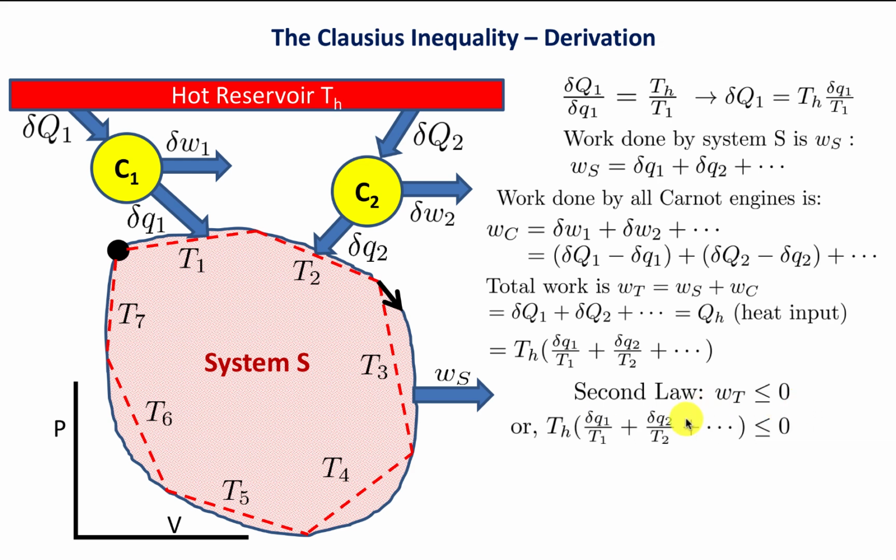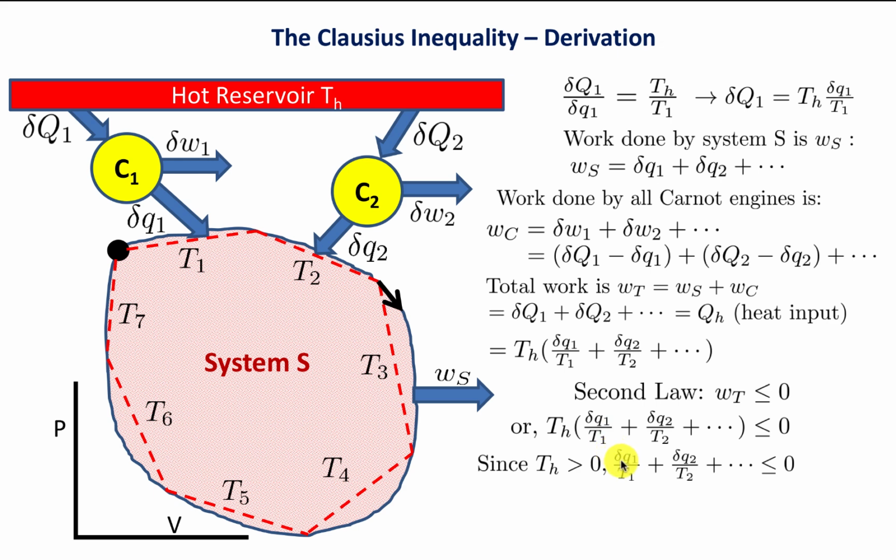Immediately that says that this quantity over here must be less than or equal to 0. But this TH, which is the temperature of the hot reservoir, is always a positive quantity. And so we arrive at this conclusion that the sum of all the delta Q's divided by T, the different T's, that sum has to be less than or equal to 0.